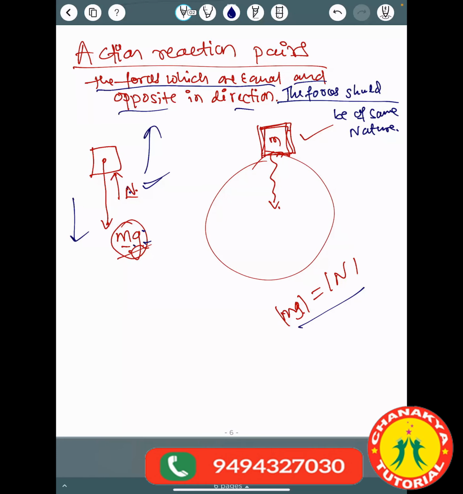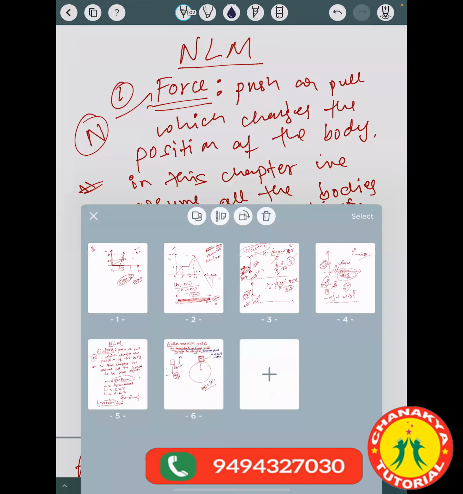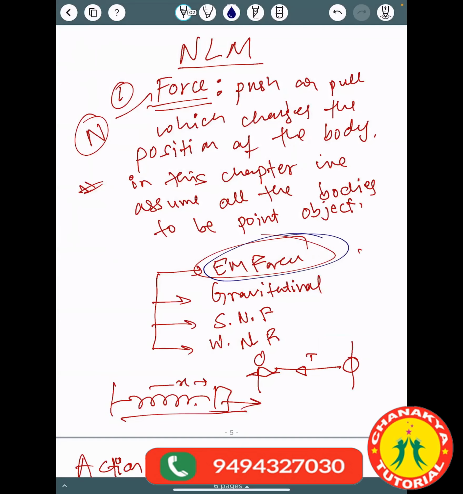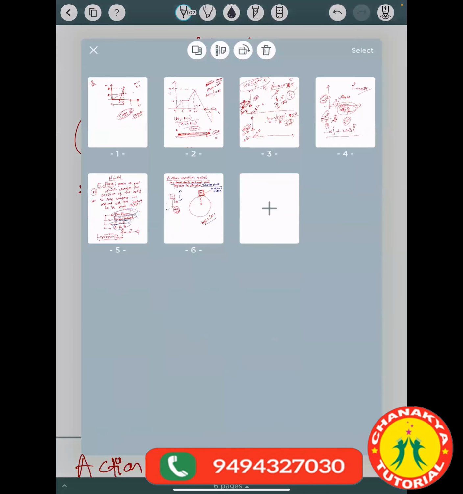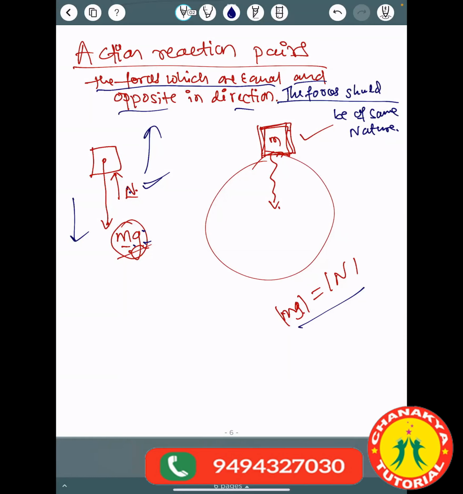No. Same nature means they should belong to the same category of force, either both electromagnetic, both gravitational, both strong nuclear, or both weak nuclear. In this case, one is gravitational and one is electromagnetic. That's why they are not action reaction pairs. Any doubt? No, sir.